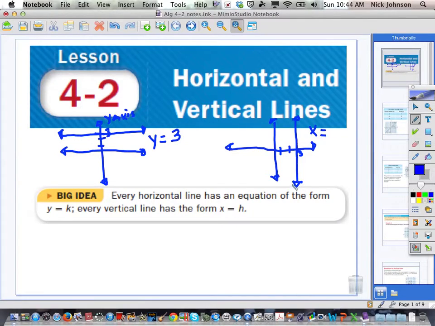Okay? Vertical is up and down, and it equals whatever it goes through. In this case, it goes through 3. Okay? Notice the difference. Vertical line up and down starts with x equals. Horizontal line going left to right starts with y equals.